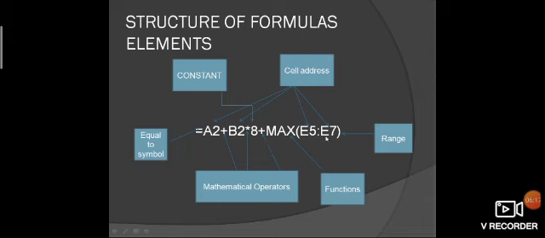Cell addresses A2, B2, E5, E7 are your cell references, from where you have to extract the data. Okay.